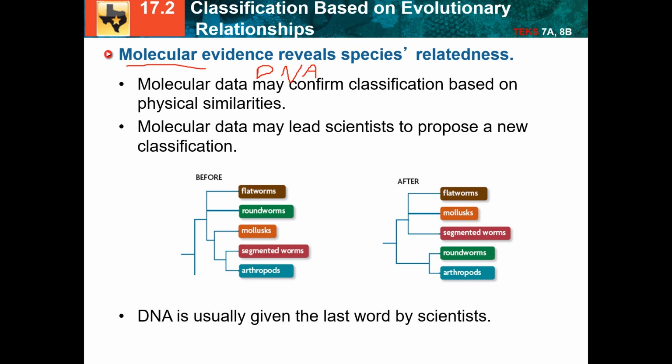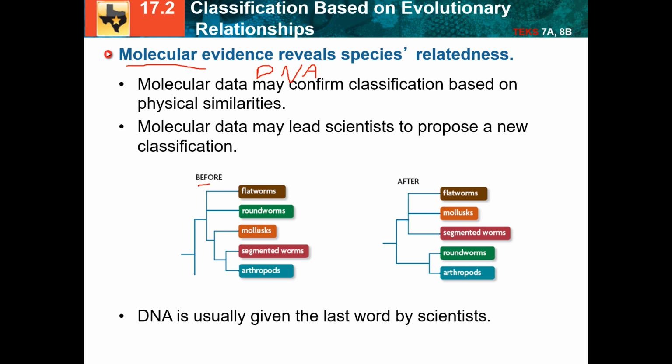And physical similarities may or may not reflect DNA, may or may not reflect how these organisms are related to each other when you compare their DNA sequences. Because the DNA sequences, the molecular data, is ultimately going to be the most accurate determiner of evolution.